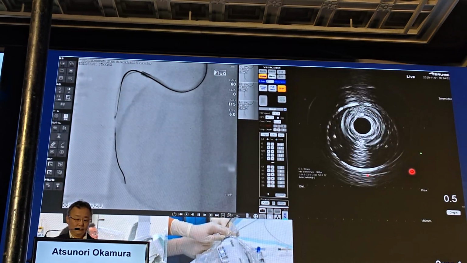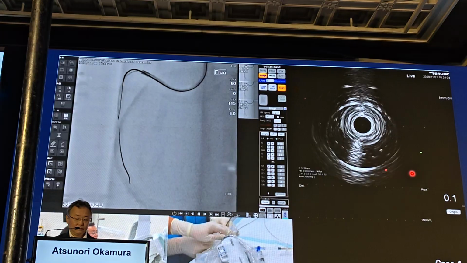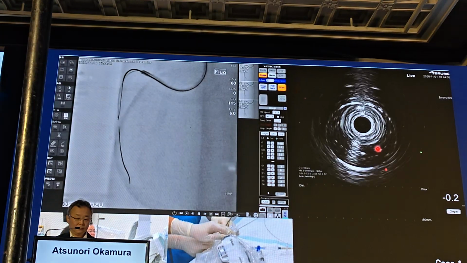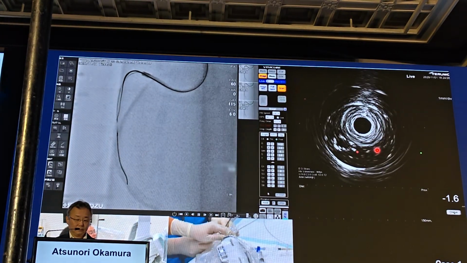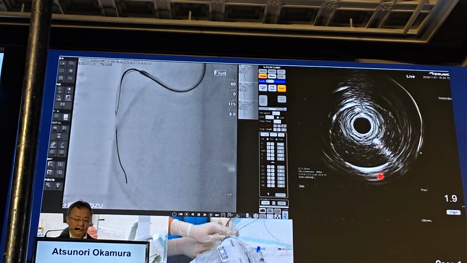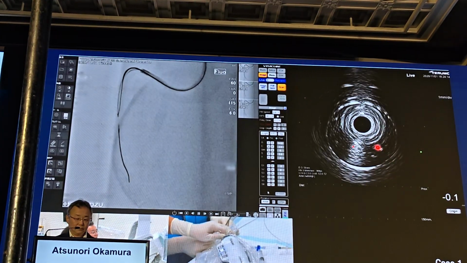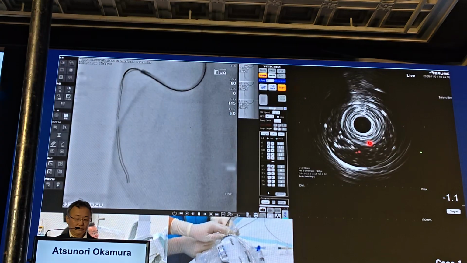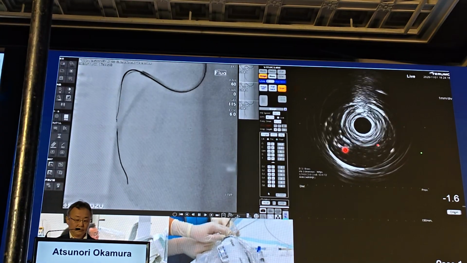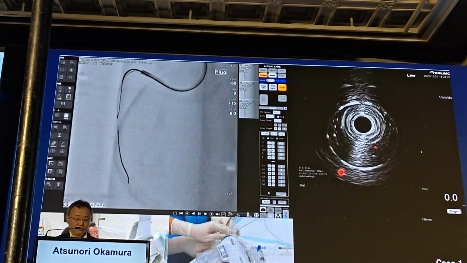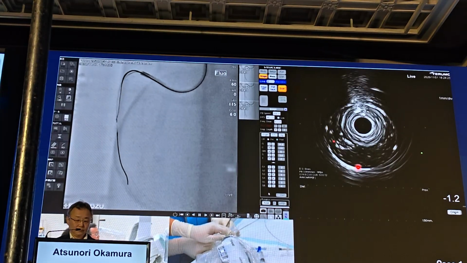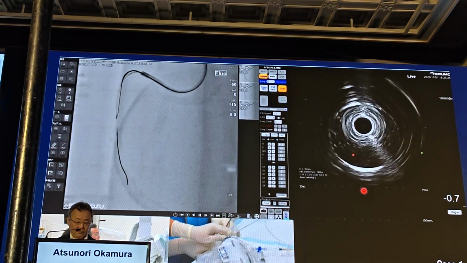Please check the guide wire tip continuously. The guide wire tip is directed to 7 o'clock. You can see the shaft hits the transducer and the tip is directed here. In this situation, this is clockwise.